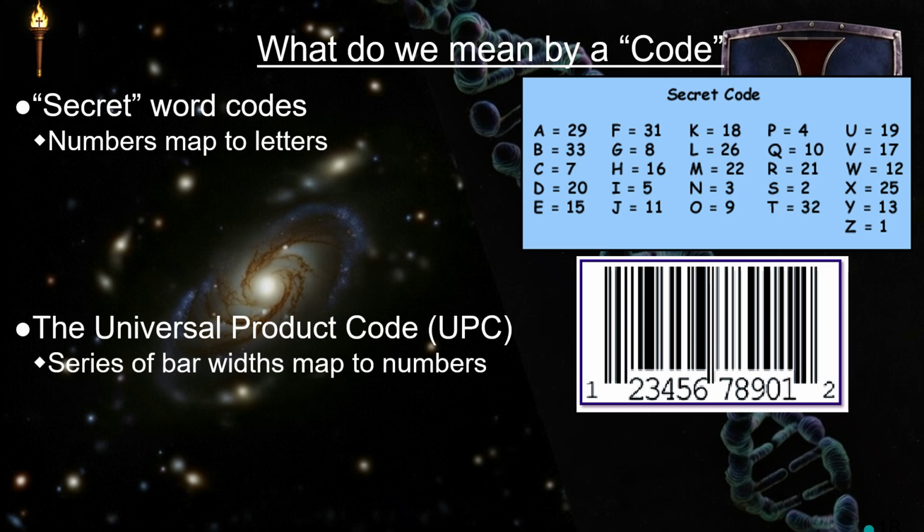The universal product code is something we use every day at the grocery store. The width of the bars is what is used to convert into numbers. A number becomes a series of bars with widths, and the bars can be converted back to the number.